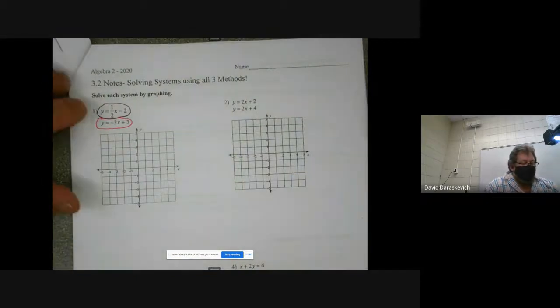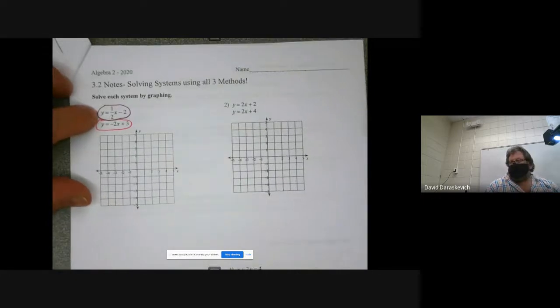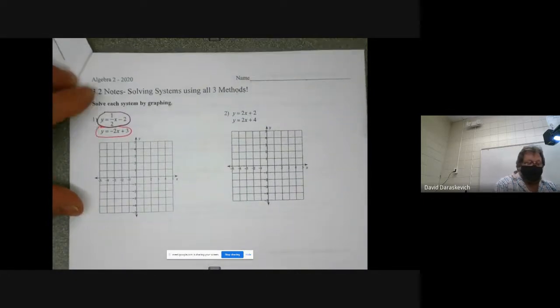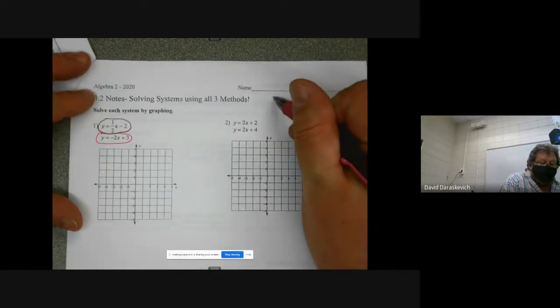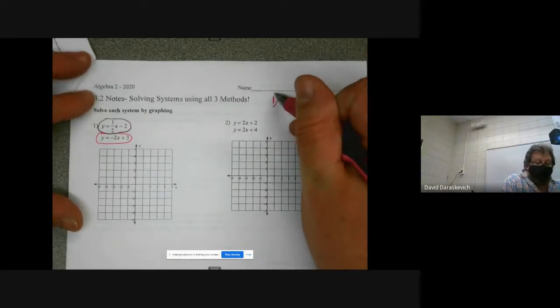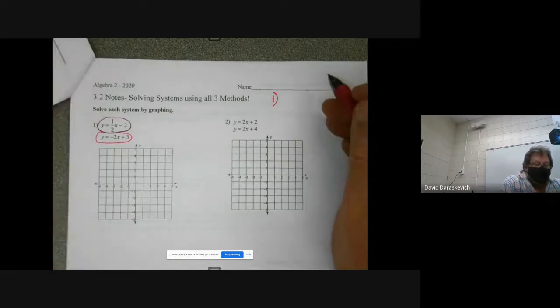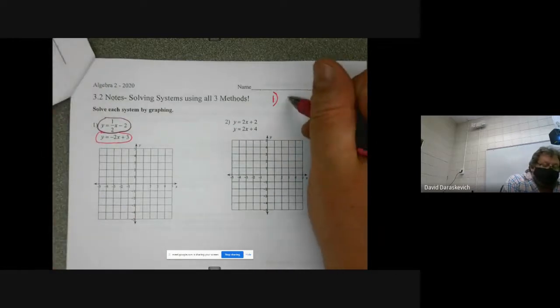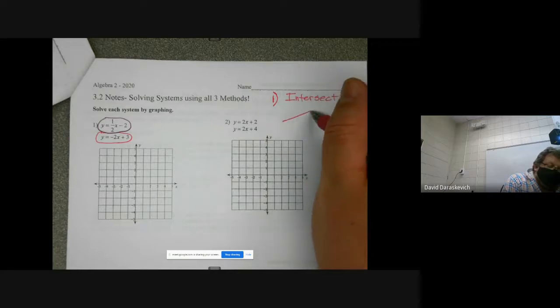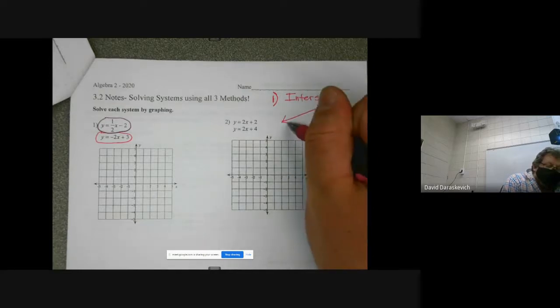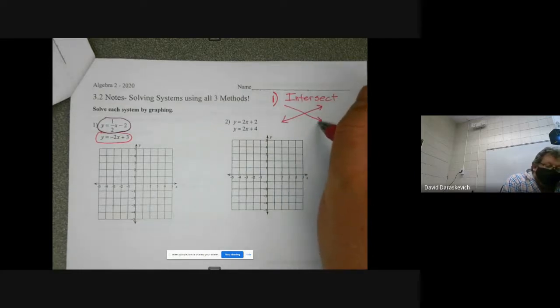And when I have two lines, there's only three scenarios that are going to make me have a solution, okay? Now, the lines can intersect. So if I have intersecting lines, they're going to intersect at exactly one point.